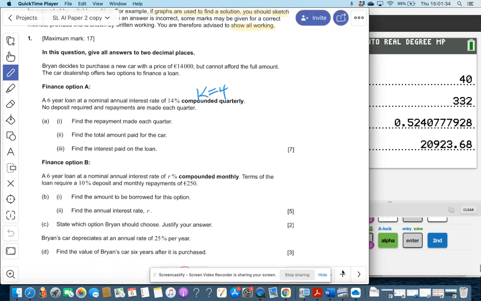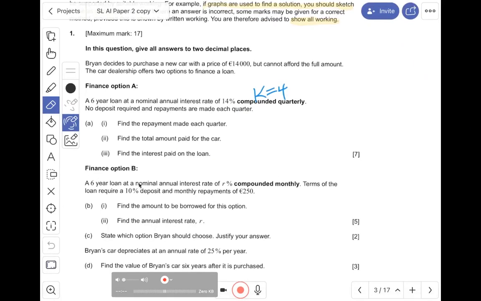Okay, so there's my total payments, (a)(ii), and then (a)(iii). Find the interest paid on the loan. Okay, so the interest paid on the loan, basically, is the difference between how much we paid and the present value. So the difference is going to be our answer to (a)(ii) minus 14,000.